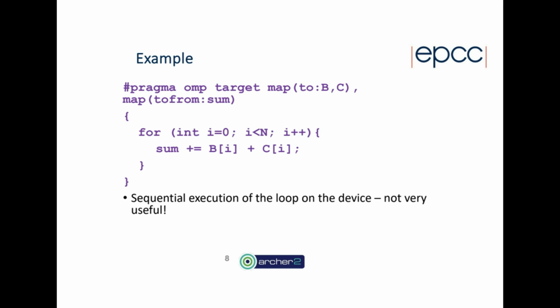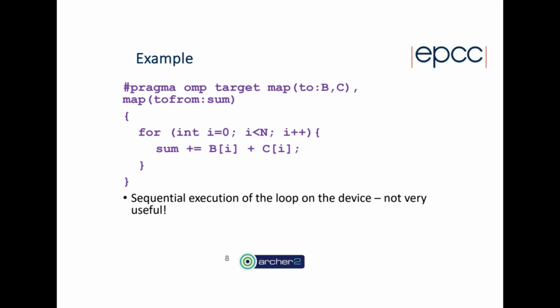We're not saying anything about parallel execution yet, but let's just handle the data first. So let's say the arrays B and C need to be mapped to the device, but they're read-only, so they don't need to be copied back again because the device code is not going to change them. So we can have a map to clause for B and C.